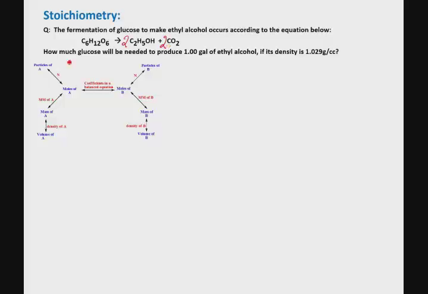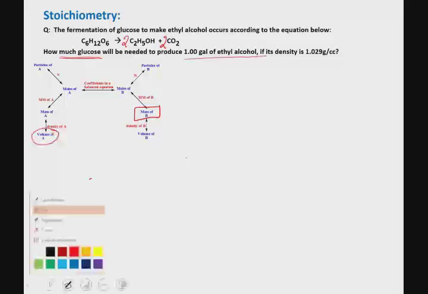They're asking us to calculate how much glucose, which basically indicates mass of glucose, let's call it B, it doesn't really matter what is A or what is B, from 1 gallon of ethyl alcohol. In other words, we are given the volume of ethyl alcohol. Let's call that A in this case.